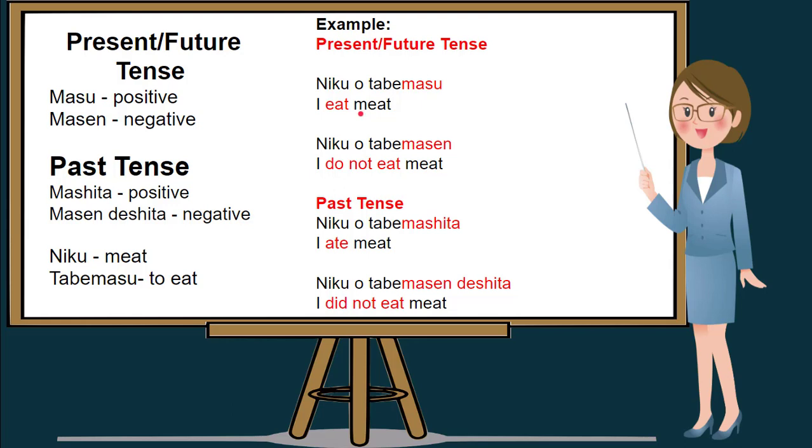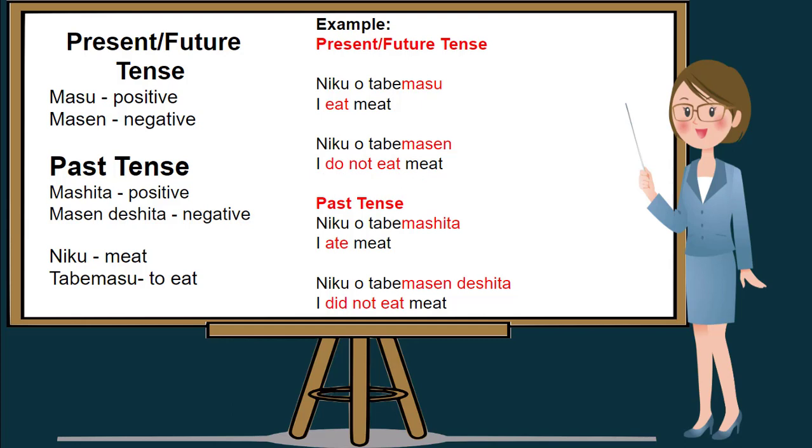Now, we will try to make a negative present tense verb. And to make a negative present tense verb, we will use tabemasen, which means in English, do not eat. So, if we read this sentence, niku o tabemasen, it means I do not eat meat.